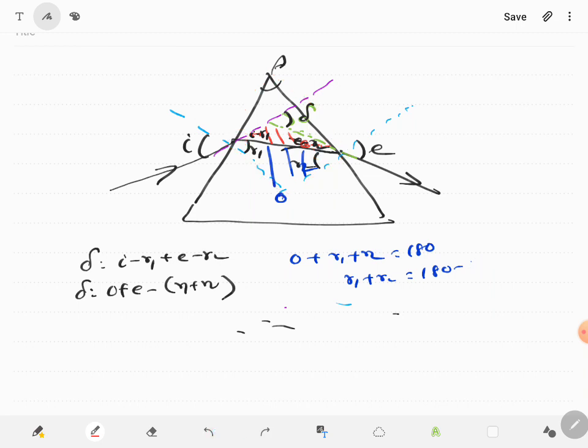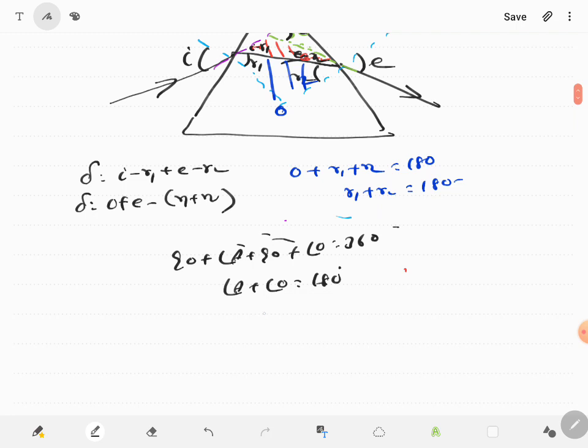Taking the quadrilateral, you get 90 plus angle A plus 90 plus angle O is equal to 360. So angle A plus angle O is equal to 180, and thus angle A is 180 minus angle O. This is the first equation, second equation, third equation.